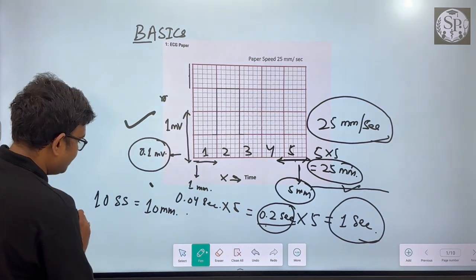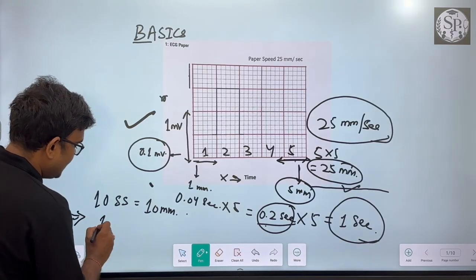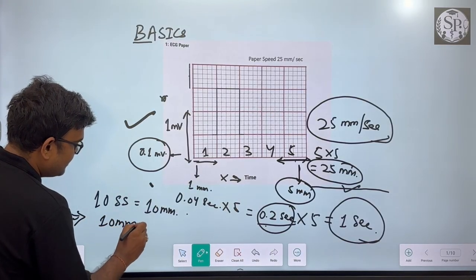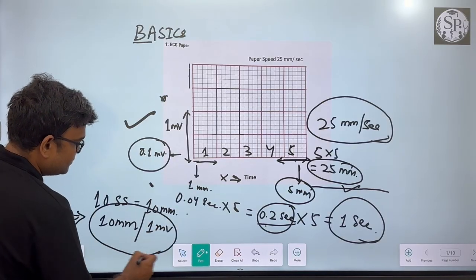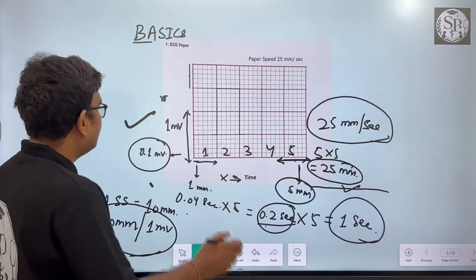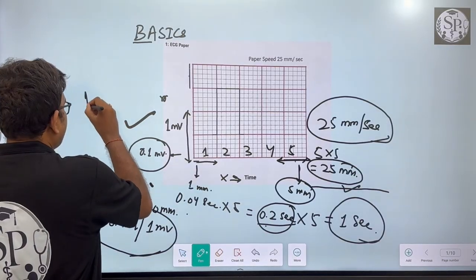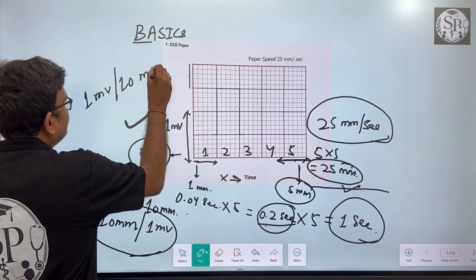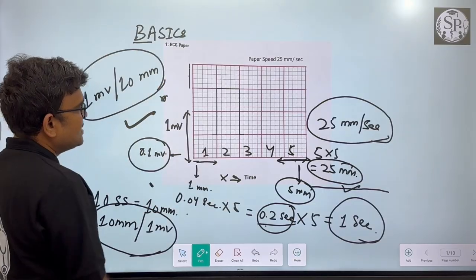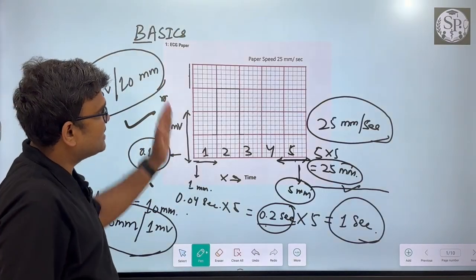So 10 mm per 1 millivolt, or in other words, 1 millivolt per 10 mm. This is the standard calibration on the y axis.